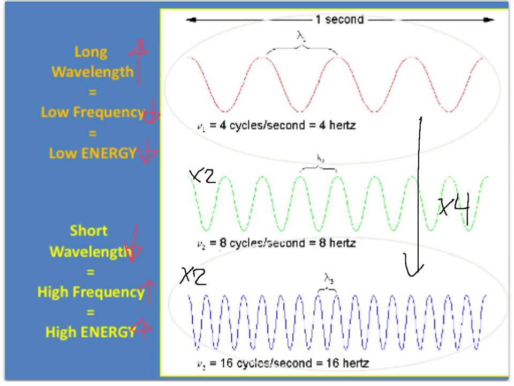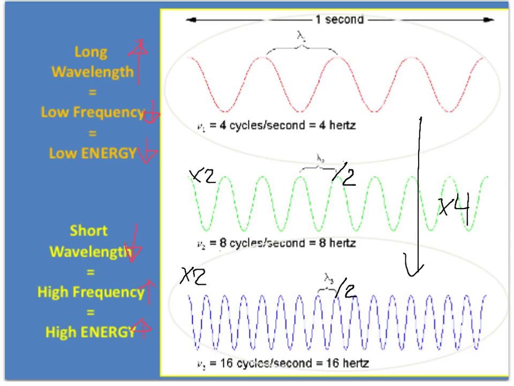The wavelength is going to be halved. So we're going to decrease the wavelength by dividing by 2 every time. Since we multiply the frequency by 2 and wavelength and frequency are inversely related, we have to divide the wavelength by 2.